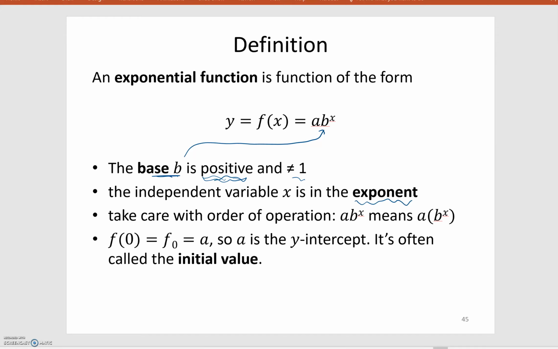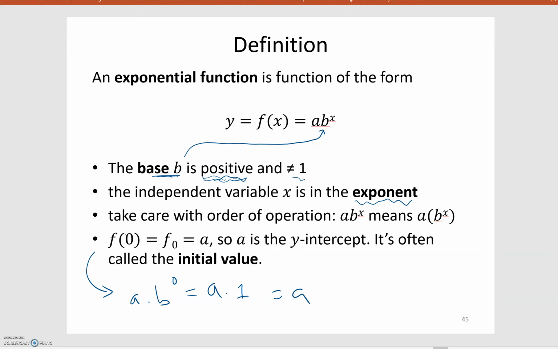And let's talk about this a value. Down here, we've got a bullet that deals with that. The a value is essentially the initial value of the function. So it is the actual y-intercept for the function. That's, again, confusing given what we did in the last unit, but this is a new unit, new day, so new letter, new meanings for the letters, I guess. But anyway, if you let x be 0, which is what's happening right here, we're basically saying a times b to the 0 is equal to a times 1, which is equal to a.